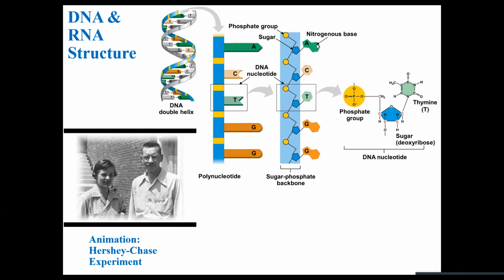But chemically speaking, let's look at this. We have a whole DNA nucleotide. So what does that consist of? It consists of a phosphate group, which is phosphorus double bonded to oxygen, and then oxygen here on top, bottom, sides. It is bonded to a deoxyribose sugar. Now, deoxyribo, you might be wondering, what does deoxy mean?